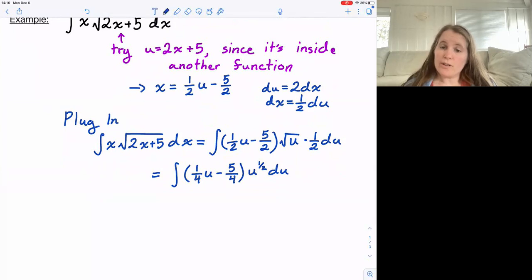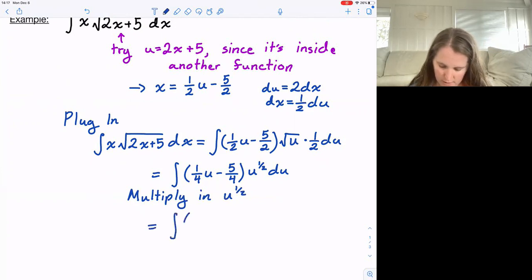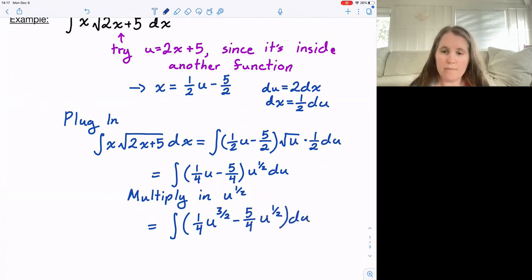We can simply multiply in that u to the 1/2. And so we're looking at the integral of 1/4 u to the 3/2 minus 5/4 u to the 1/2 du.